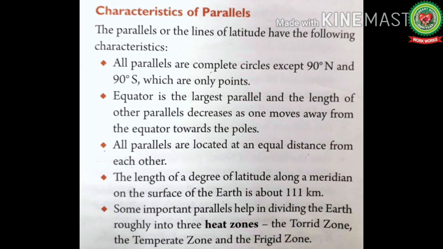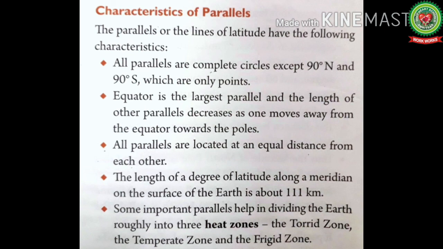All the parallels are located at an equal distance from each other, that is 111 km. The length of a degree of latitude along a meridian on the surface of the earth is about 111 km. In simple language, the distance between two consecutive latitudes is 111 kilometers.